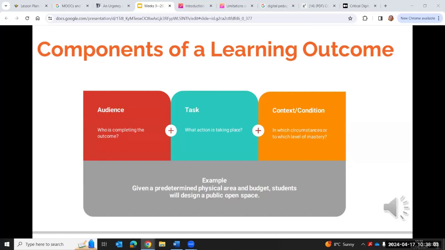So what is the task? To think about the task, we talked about Bloom's taxonomy, if you remember from last class. Bloom's taxonomy is important because it gives you different verbs at different levels of cognitive engagement, so it is clear what they're doing. What are you asking students to do for that specific class or module?